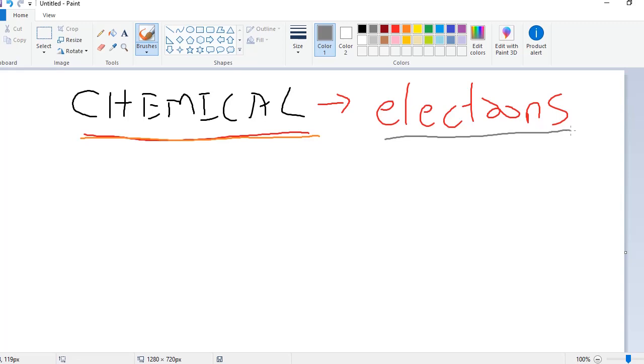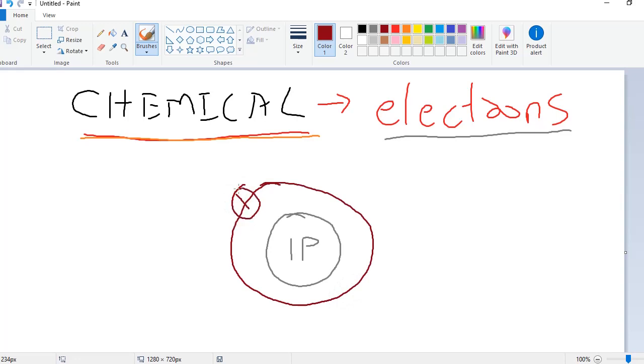In hydrogen, we have one proton in the nucleus and one electron orbiting around the nucleus.